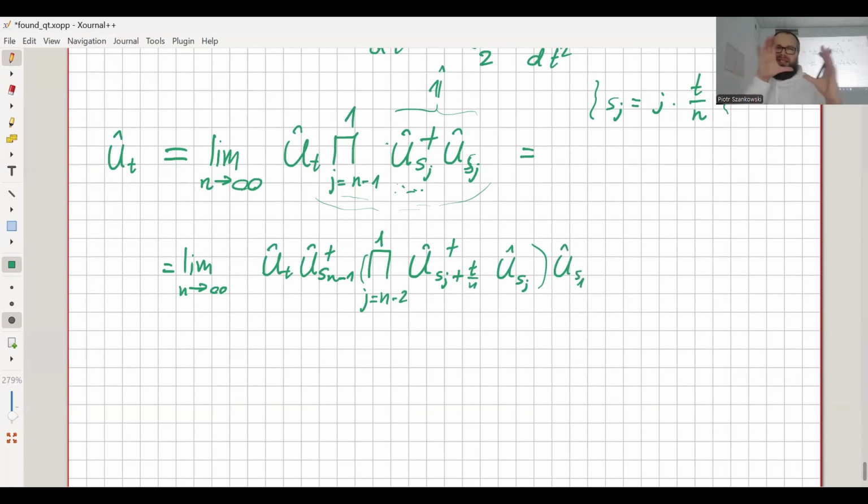I just shifted my window a little bit. If I change the numbering and the name of variables, I can write it as a product over j from n minus 1 to 0 of U(s_j + t/n) U(s_j) dagger.